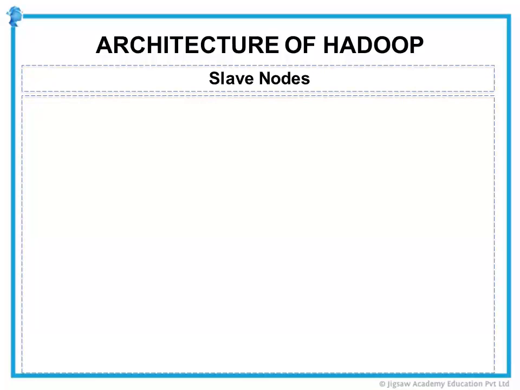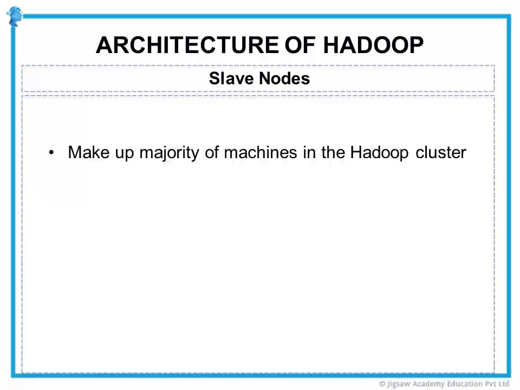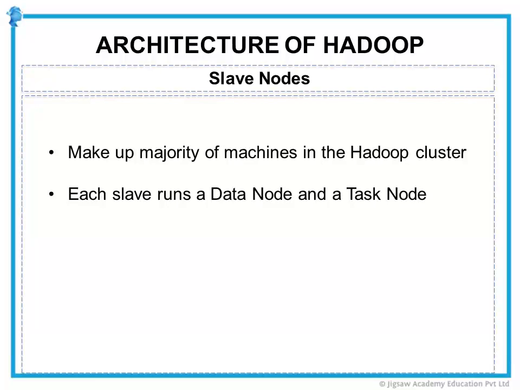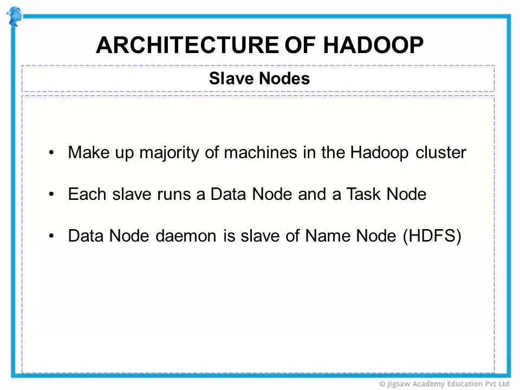MapReduce. And we also have the slave nodes that make up the vast majority of machines and do all the dirty work of storing the data and running the computations. The slave nodes run two processes. Data node. This communicates with and receives instructions from its master, the name node. This is responsible for storing the data in HDFS.